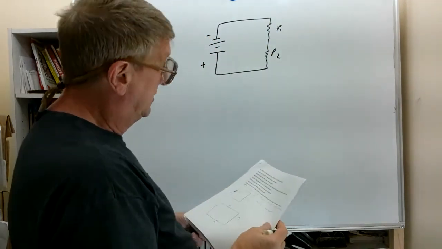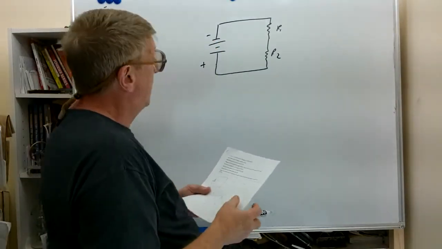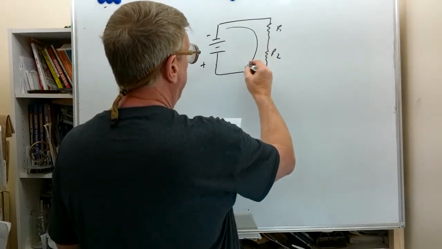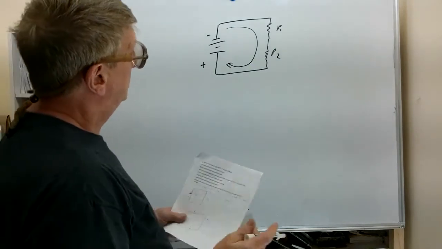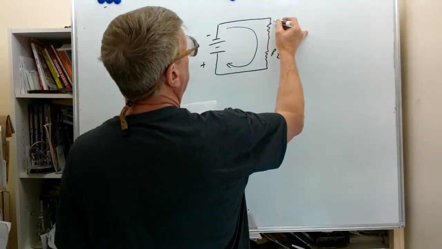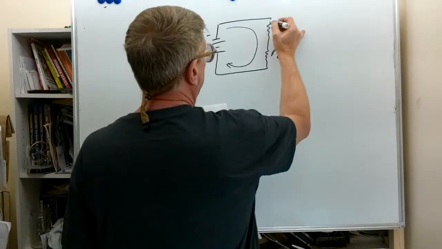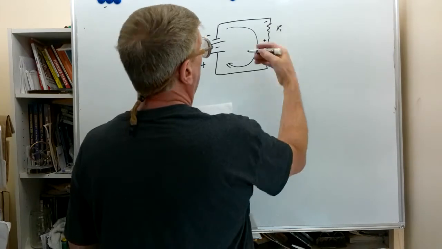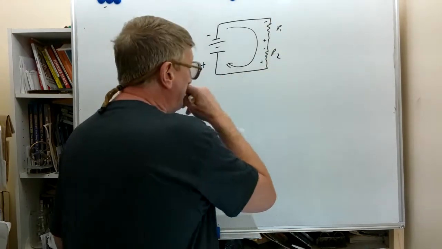Now the battery will create the negative charge, which will repel the electrons and make them travel this way through the circuit. If you were to measure the potential difference across the resistors, you will see a polarity, excuse me, negative here, positive here.